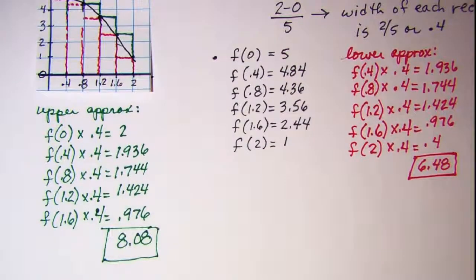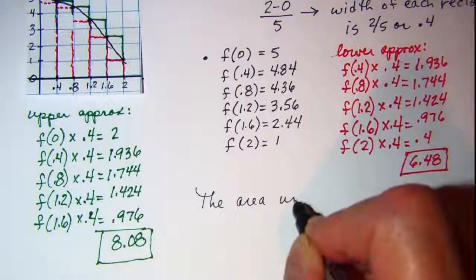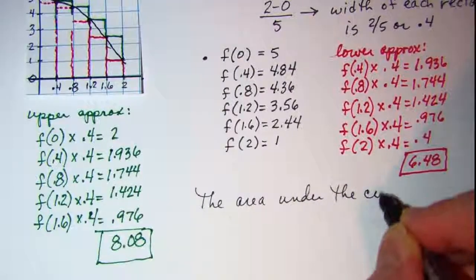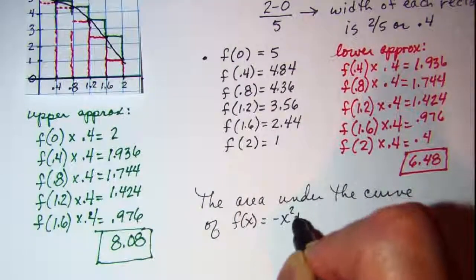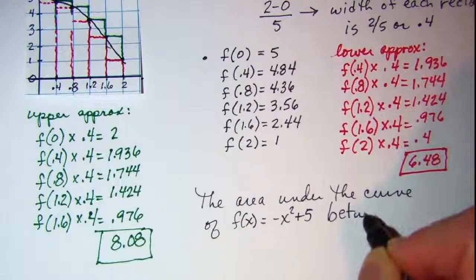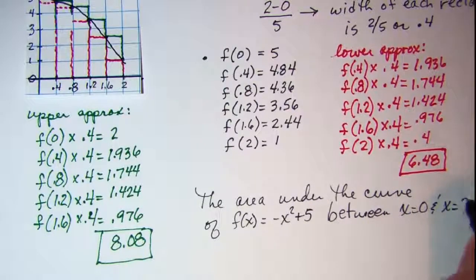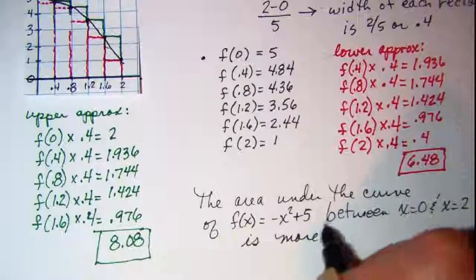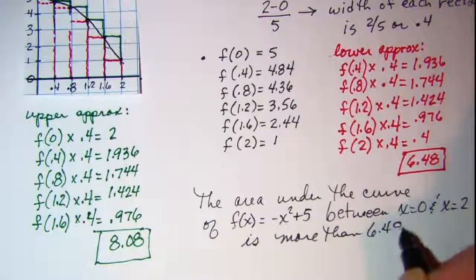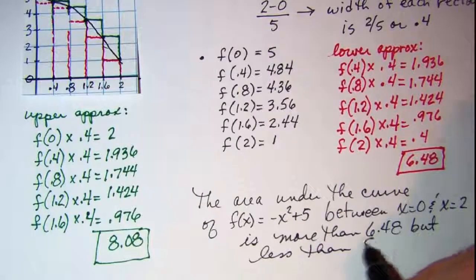So I can then say that the area under the curve of f of x equals negative x squared plus 5 between x equals 0 and x equals 2 is more than 6.48, but less than 8.08.